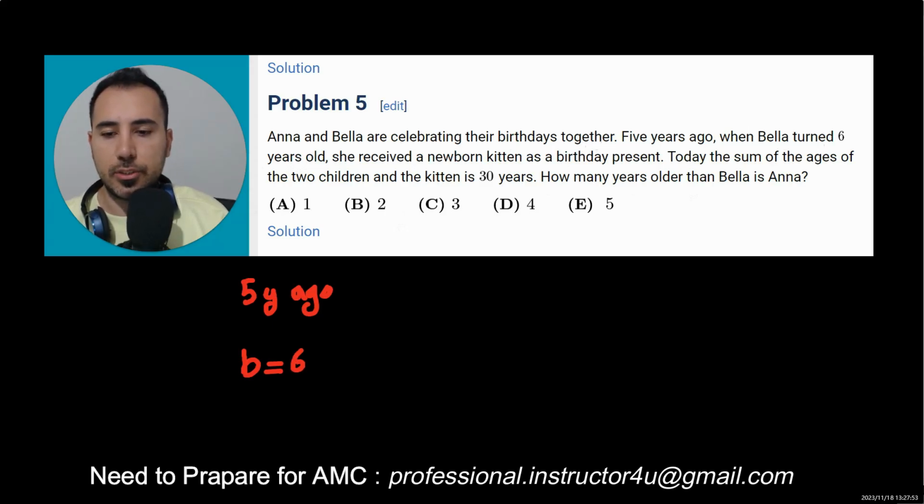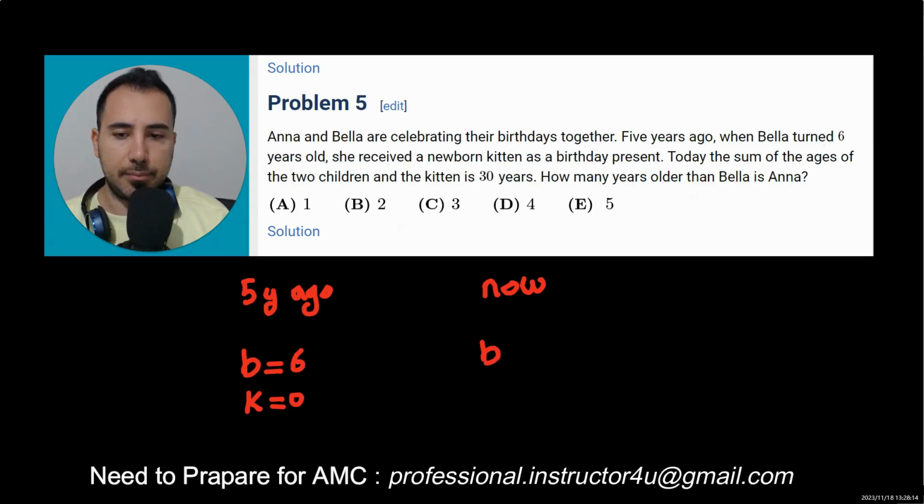So the kitten was newborn, right? So the age of the kitten would be 0. Today, the sum of the ages of the 2 children and the kitten, this is going to be now, is 30. So Bella, 5 years later, will be 11. Kitten, 5 years later, will be 5, of course.